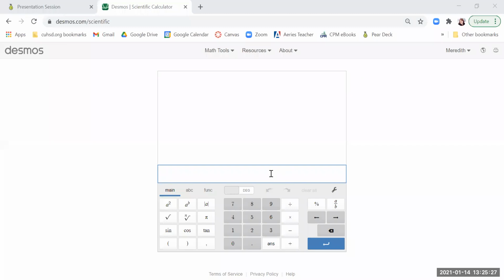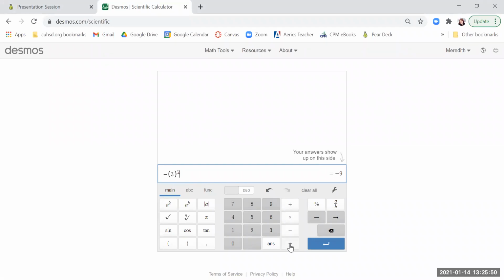If you want to see that same thing on the calculator, here's how I would do it. I would start with my negative, since we have a negative in front. Then I use the parentheses, then a 3, then close the parentheses. Then if you hit the squared, that will square your number.